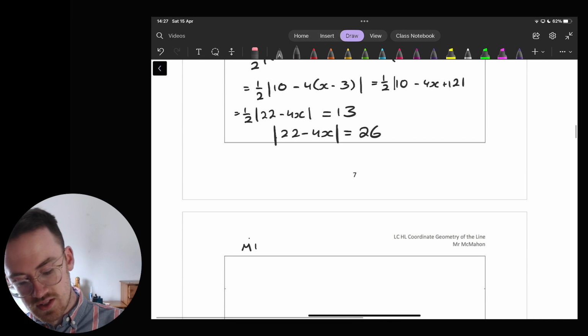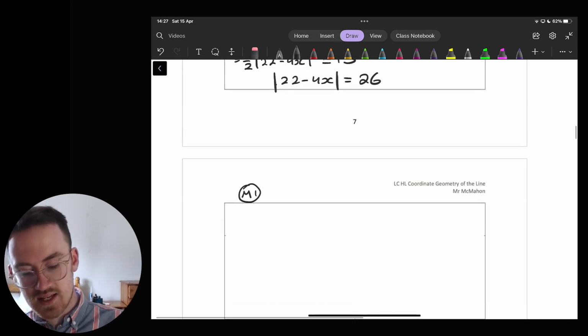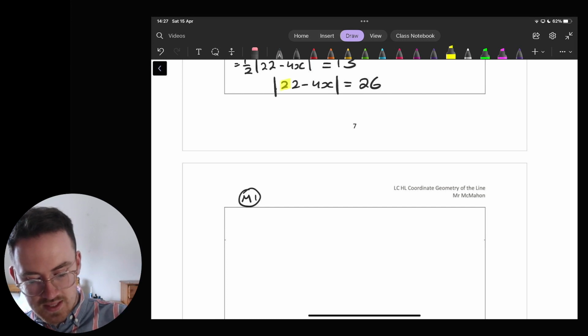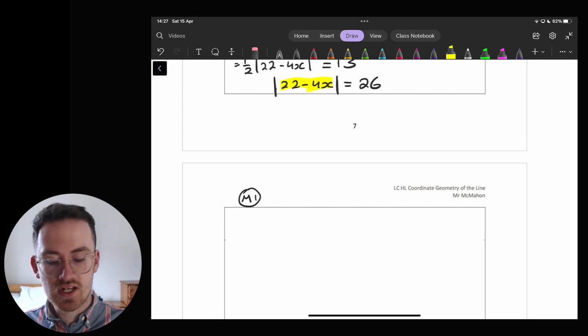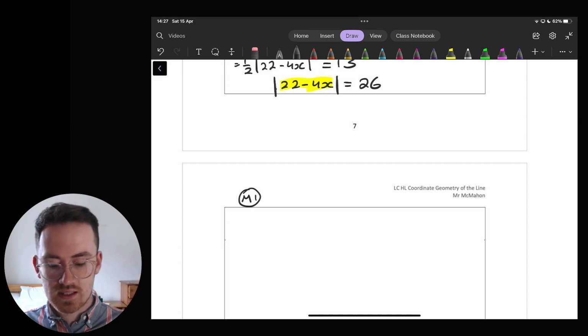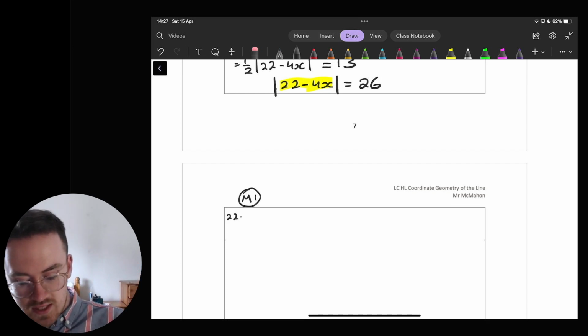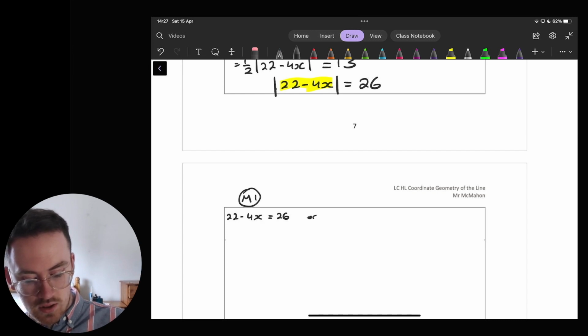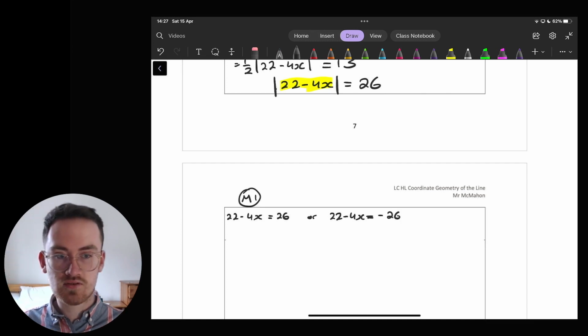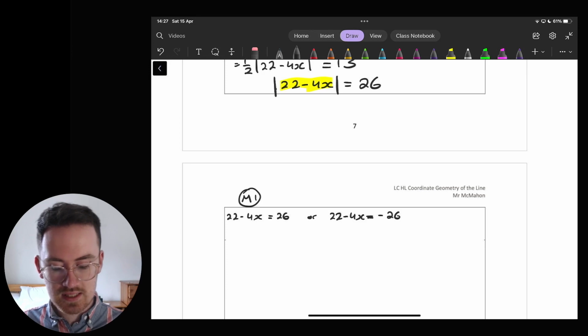The first way is to say, if this middle bit inside my modulus is equal to 26 when I take the absolute value of it, when I take the positive value, then that either means that 22 minus 4x is equal to 26, or 22 minus 4x is equal to minus 26, because if it was minus 26 and I took the absolute value, then it would become positive 26 again.